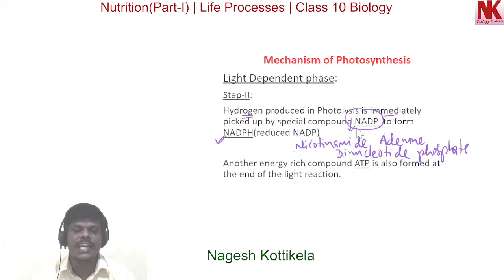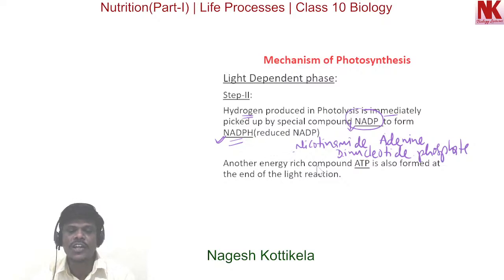It picks up the hydrogen produced during photolysis, or the protons, and immediately gets reduced to NADPH. So this is how NADPH formation takes place during light reaction.